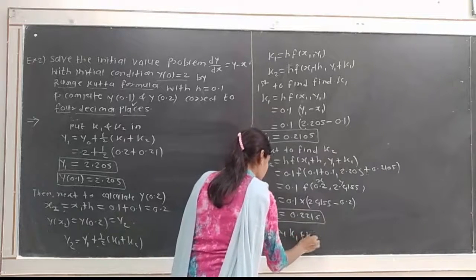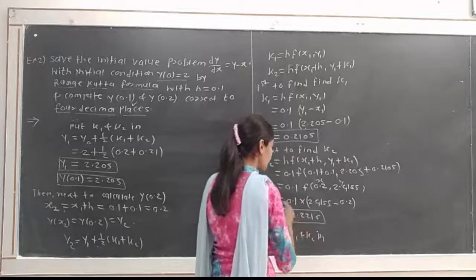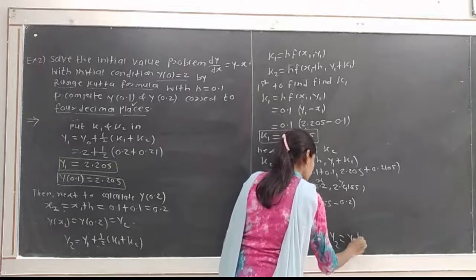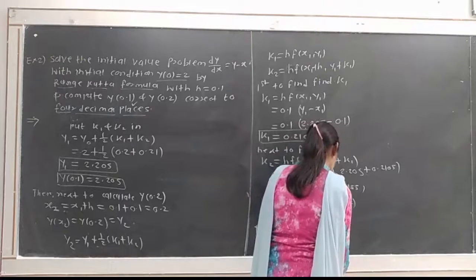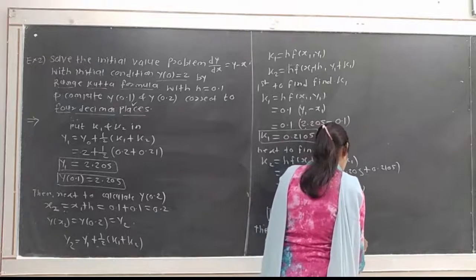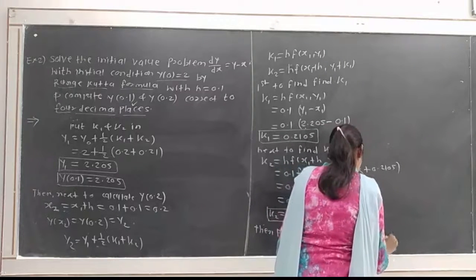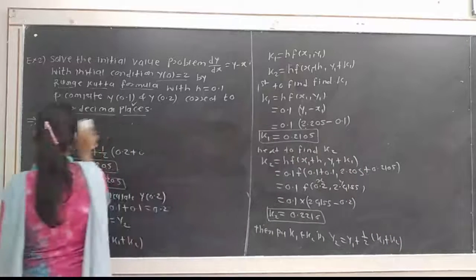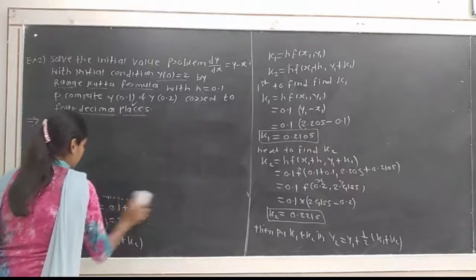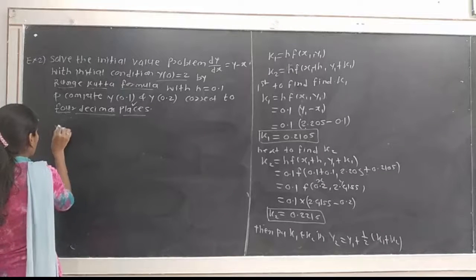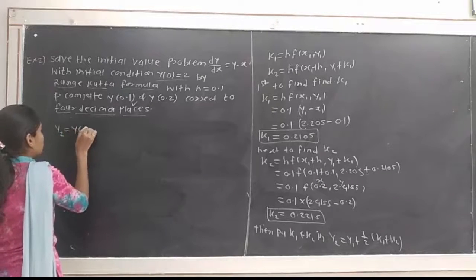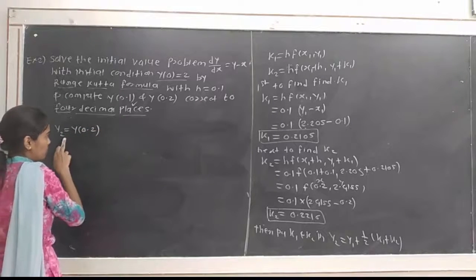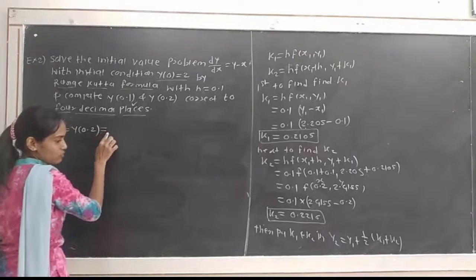Then put k1 and k2 in y2 is equal to y1 plus 1 by 2 in bracket k1 plus k2 to get the value of y of 0.2. Here we get y2, that means y of 0.2, because the value of the function at point x2 is y2.